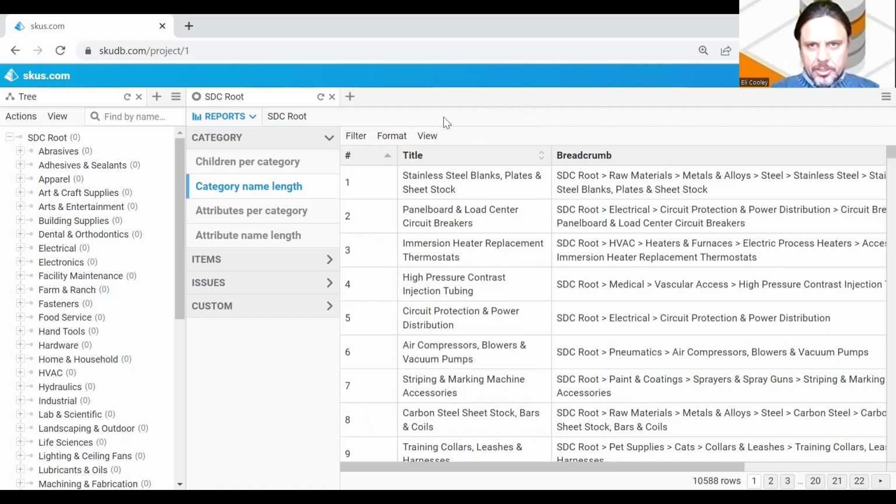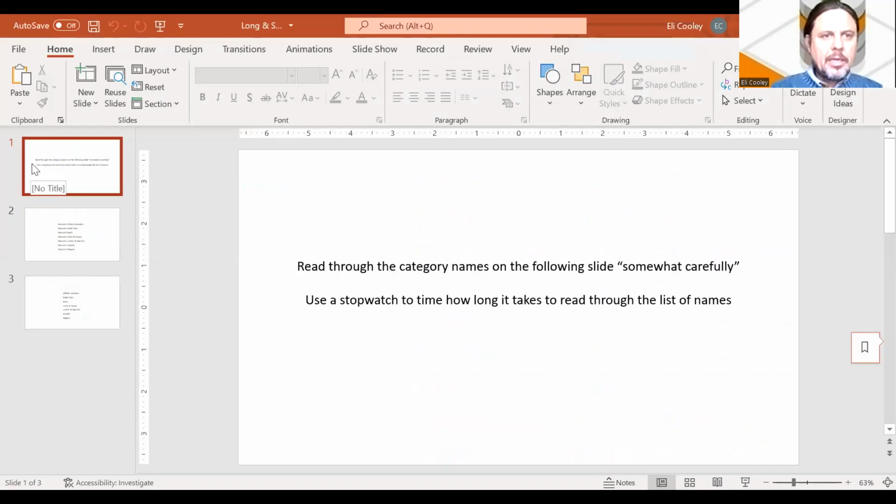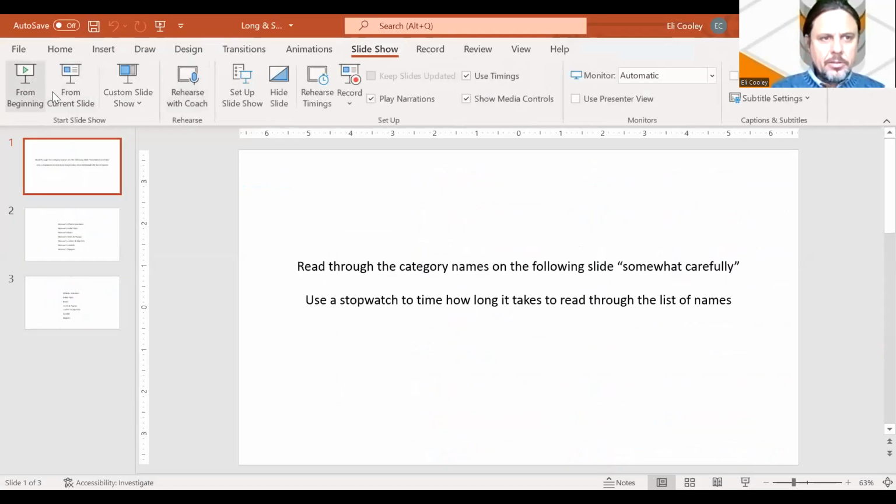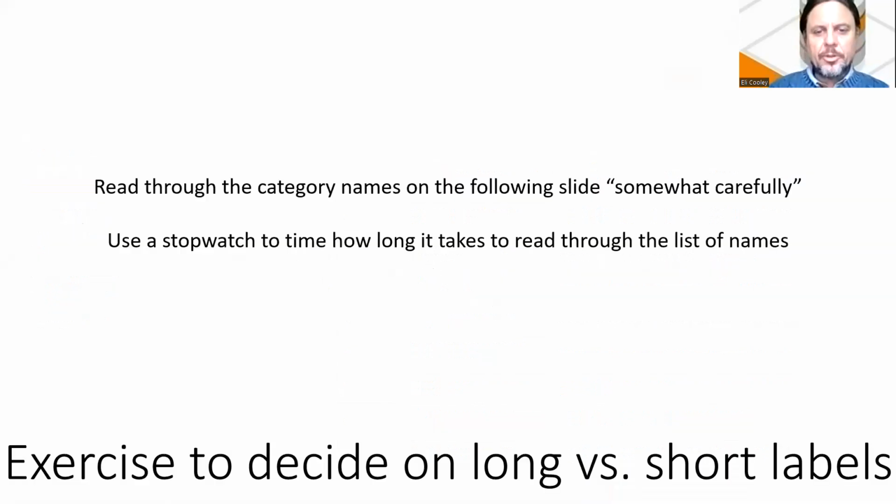I had one other thing I wanted to share here to drive home another concept, which is long and short labels. Depending on the context we're working in, we might want to be looking at the long labels or the short labels of a taxonomy. This is an exercise we use sometimes to drive home the importance of managing both.